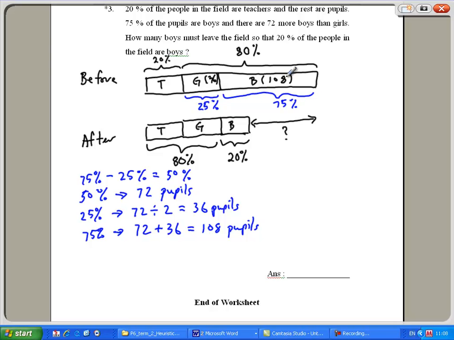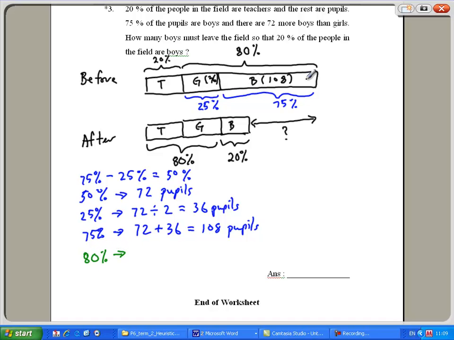Now if we add in the teachers, the total number of pupils would be 80% of all the people. So let's use green. 80%, we include the teachers now.